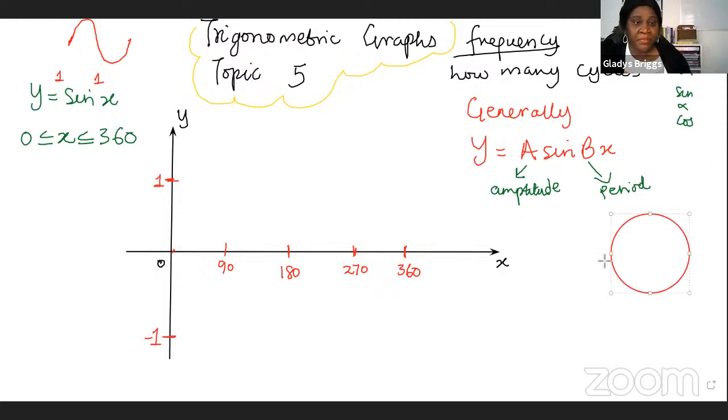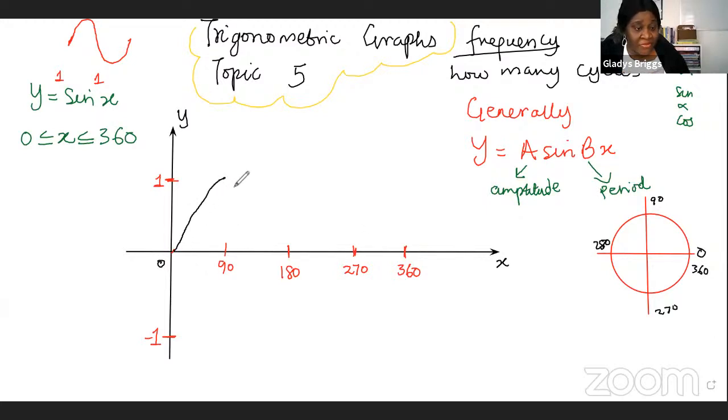Think of it as a full circle and you're going up in quarters. So this is going to be 0 to 90, to 180, 270 and back to 360.